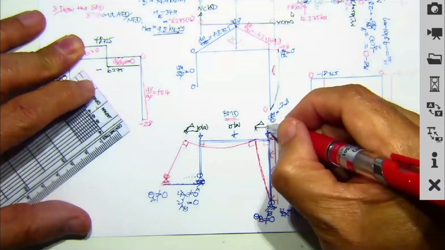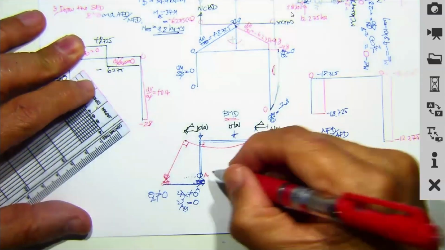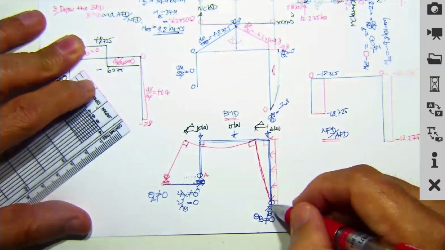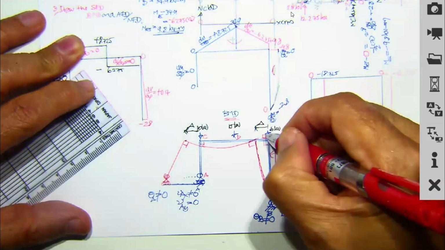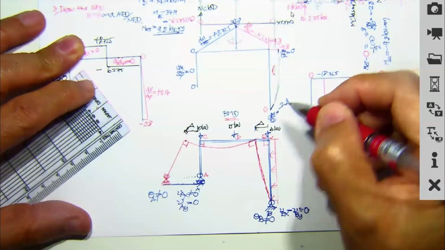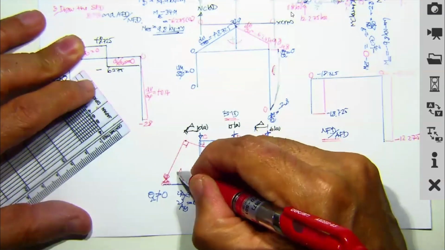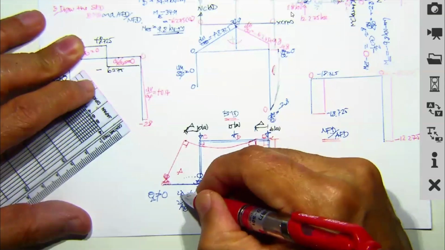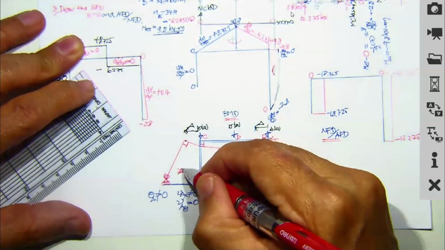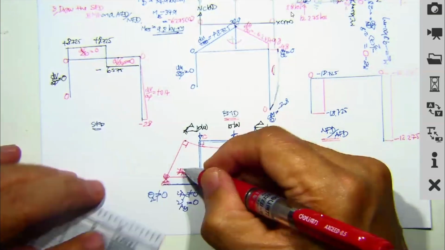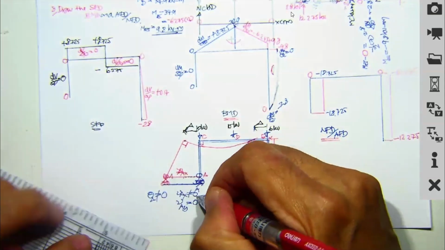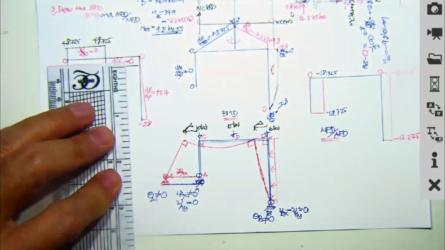This is going to be A and then B, C, D, E. And this is going to be delta, or V sub AX as I mentioned over here, which won't be 0.